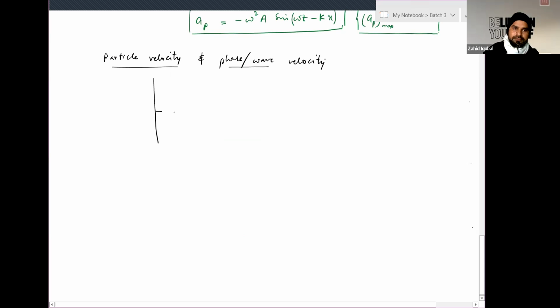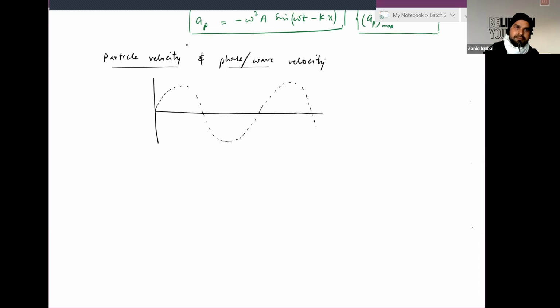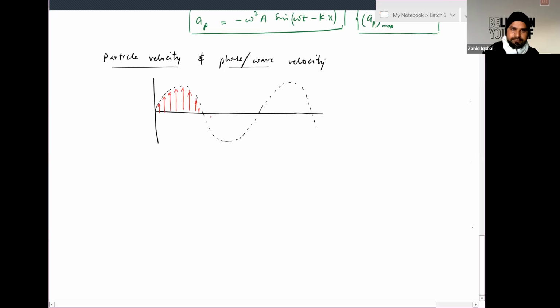Suppose in a wave, particles will be vibrating about their mean position like this, creating a disturbance which may propagate along this way.